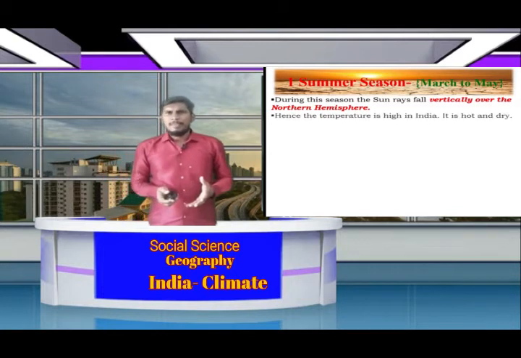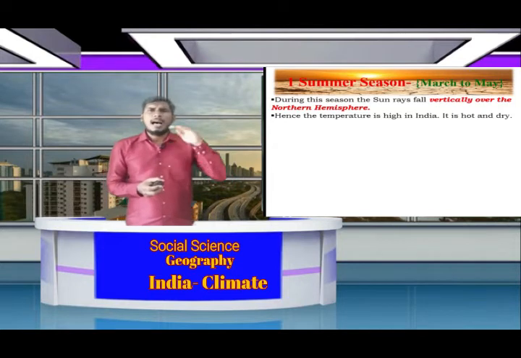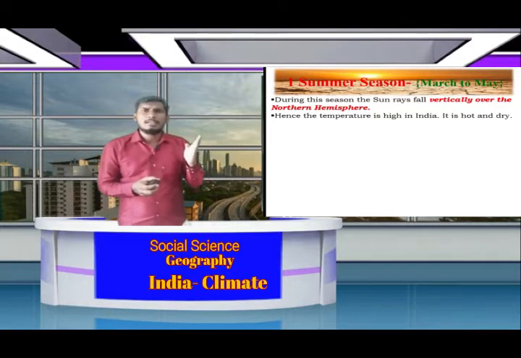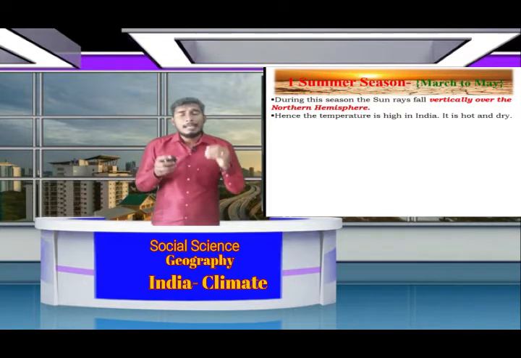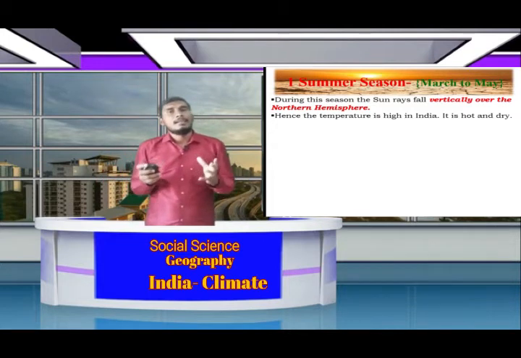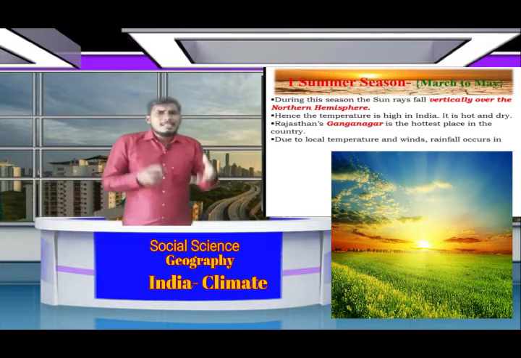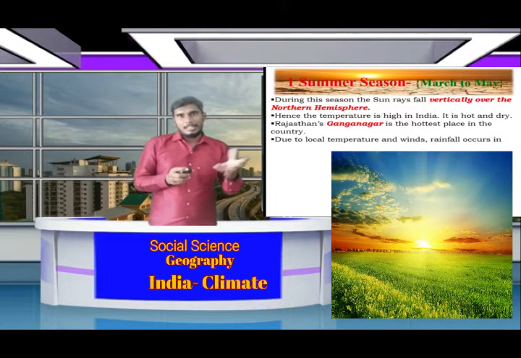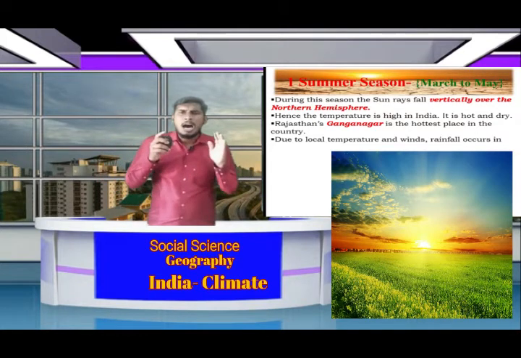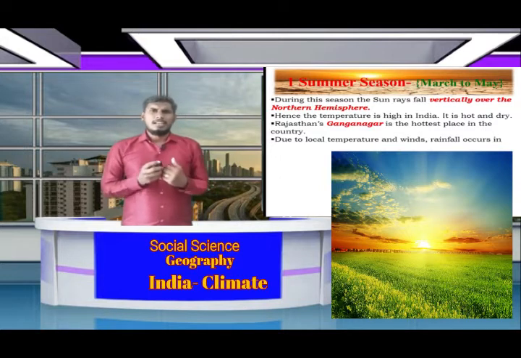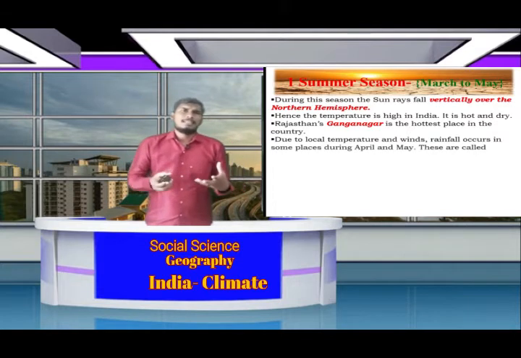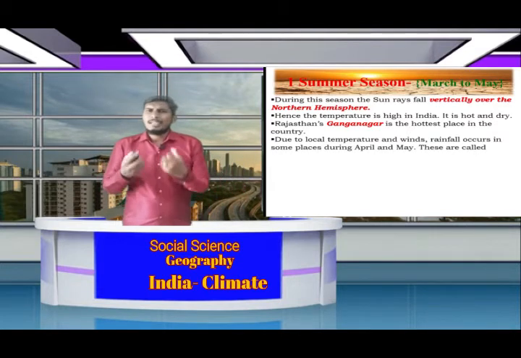The temperature is high in India, and it is very hot and dry. Again you can see in the picture, Rajasthan's Ganga Nagar is the hottest place in our country. Due to local temperature and winds, rainfall occurs in some places during April to May.